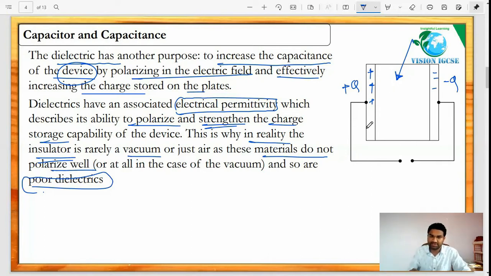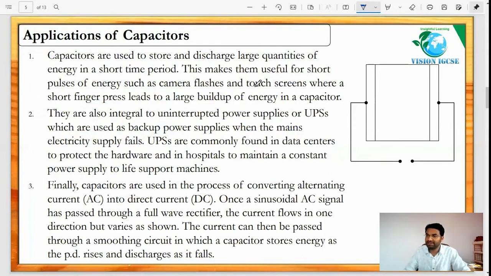Next, applications of capacitors. Capacitors are generally used to store and discharge large quantities of energy in a short period of time, for example in a camera flash or a touch screen, where a short finger press leads to a large build up of energy in the capacitors.